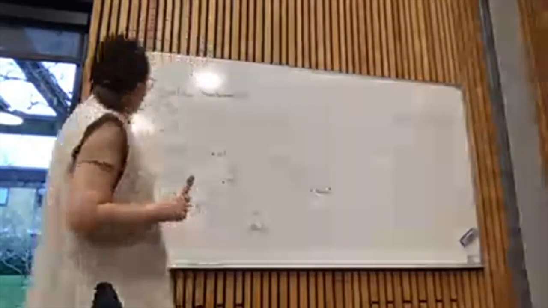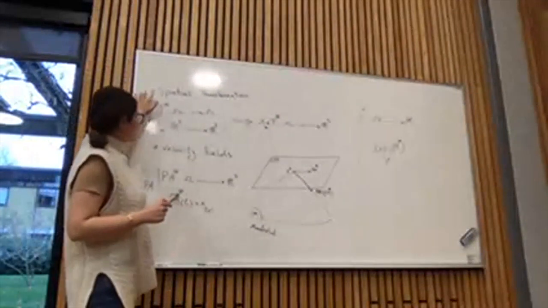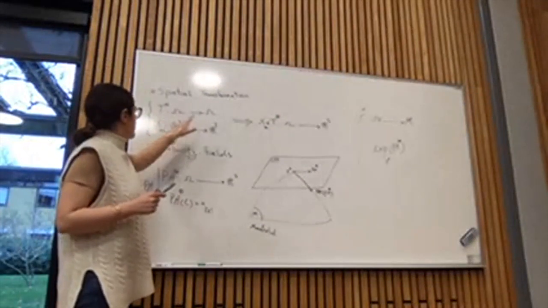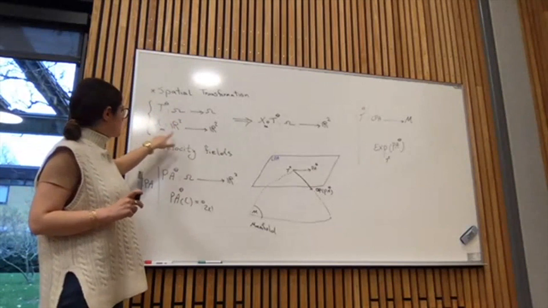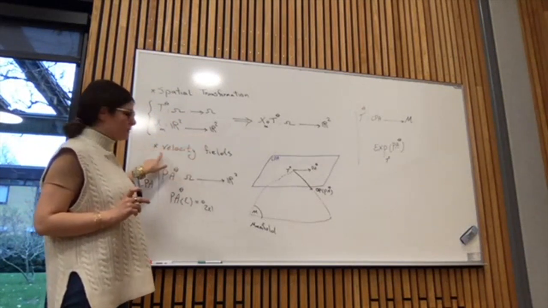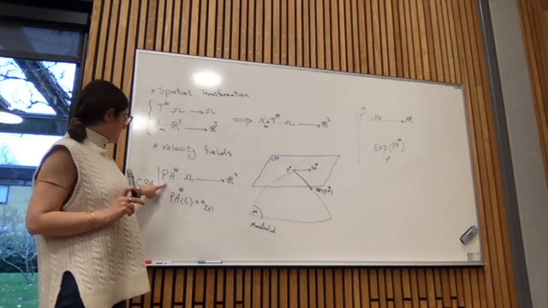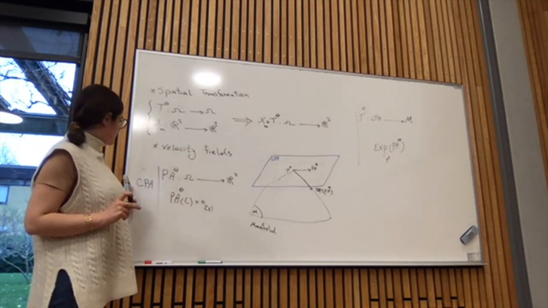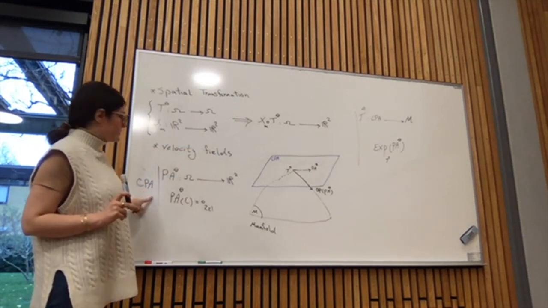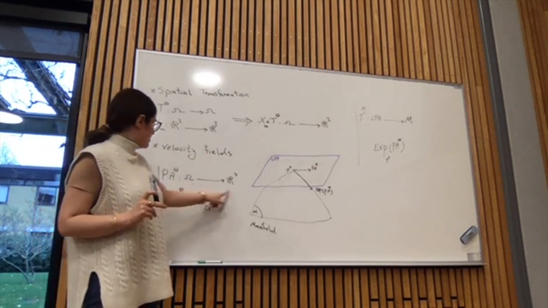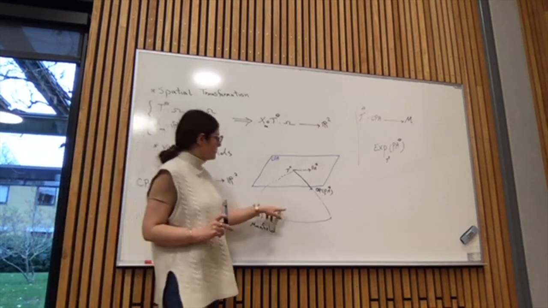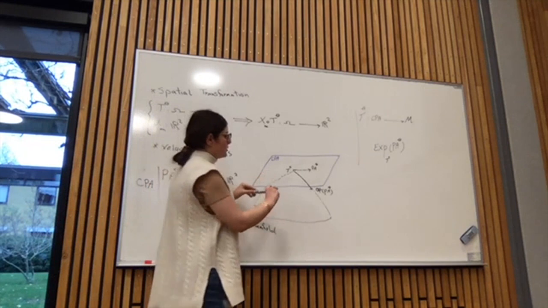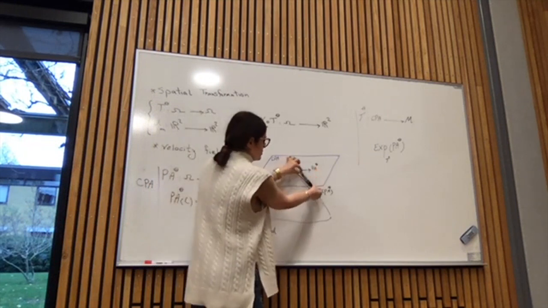So you have your spatial transformation, which goes from gamma to gamma, and you have your image, which goes from 2-dimension to 2-dimension. Velocity fields are all continuous, piecewise defined, and go from gamma to R2, and then you have your manifold and the plane. You do a spatial transformation from here to here.